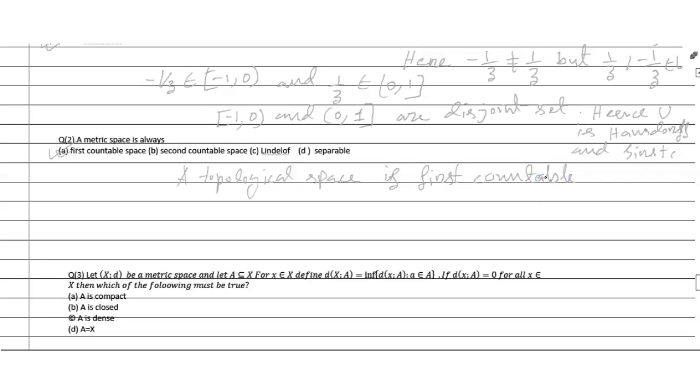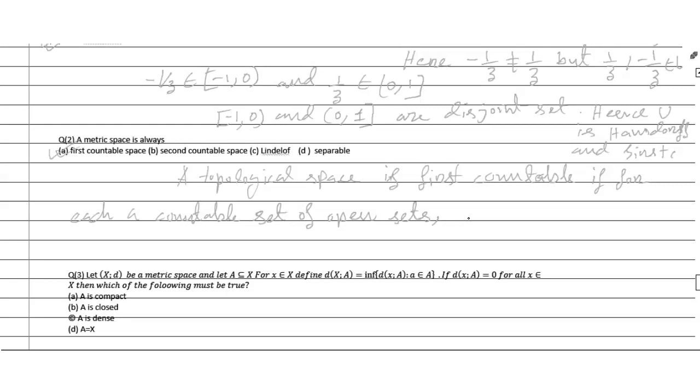A topological space is first countable if for each point a countable set of open sets containing it exists, such that each open set containing the point contains one of them.